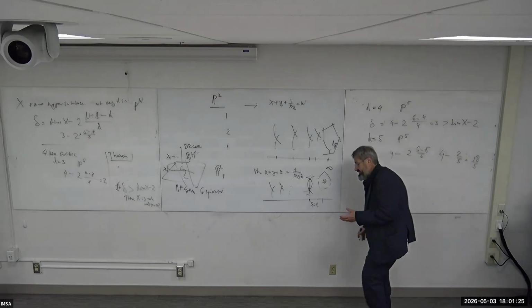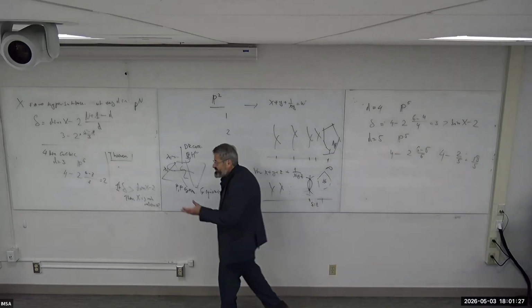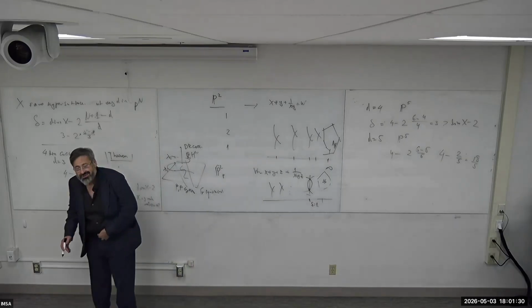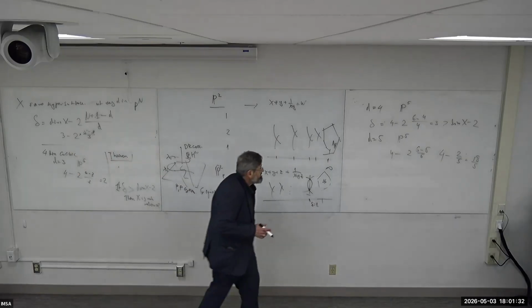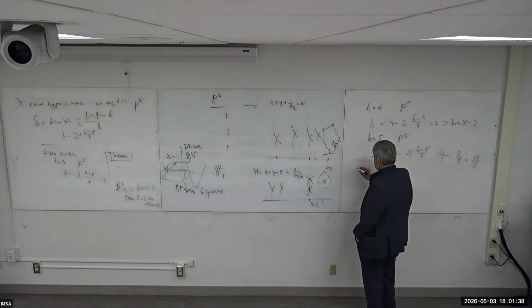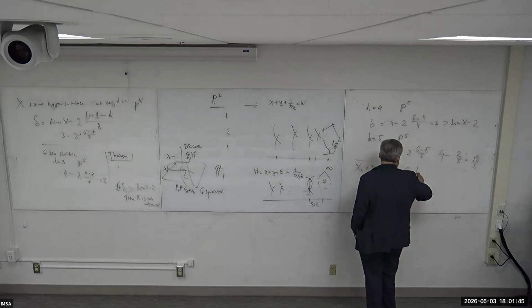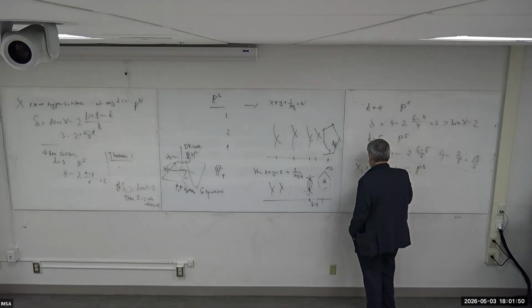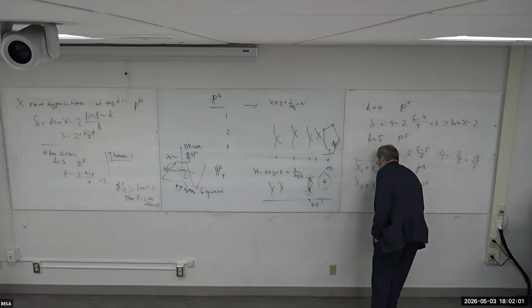Now, I was asked by Jigun the following question: what can we say about X4 times X4, where X4 is this notorious quartic threefold, and X5 times X5?